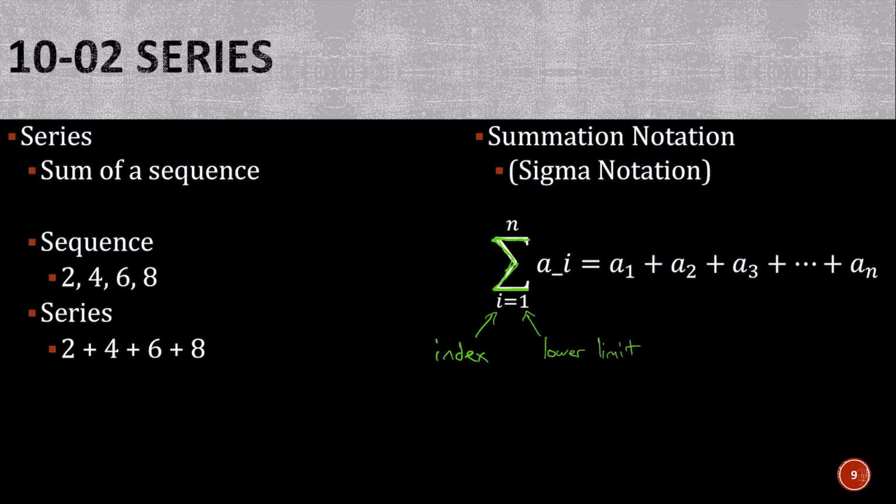And what you do is you plug that into the index variable there. So we end up with A1 and then A2 and A3. And so then you put a plus and then the next one, a plus and then the next one until you plug in the upper limit. So continue until we have AN.